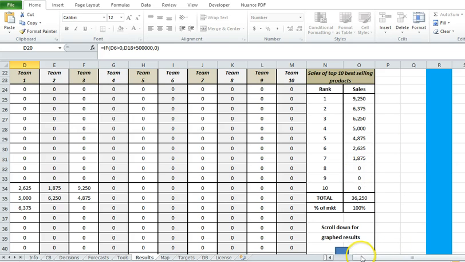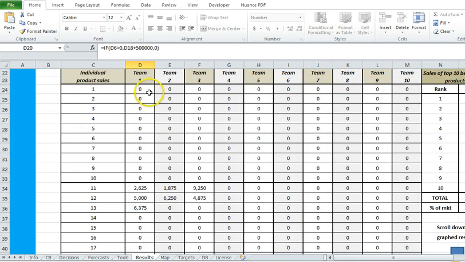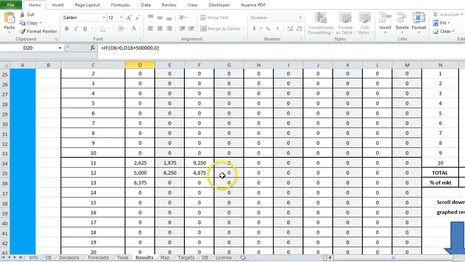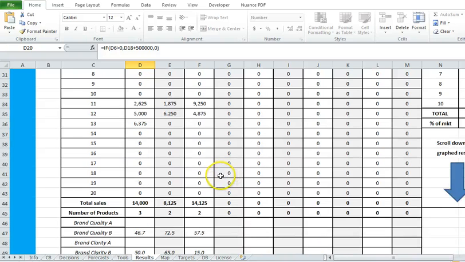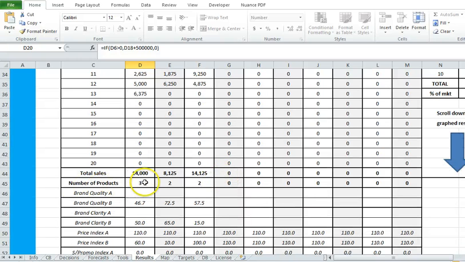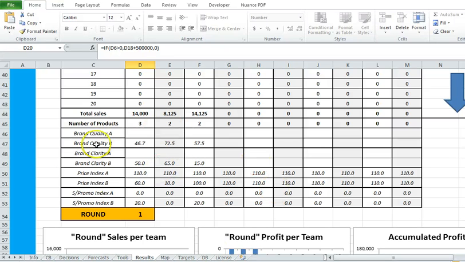So obviously, if you're up against 10 teams and they can bring to market up to 20 products, it'd be helpful to see which ones are the best performing ones, because you might want to replicate or attack them. Okay, we have how many products they have, and all the results of the scores repeated for you, just to save you going back and forth, so you might want to print this whole page out.